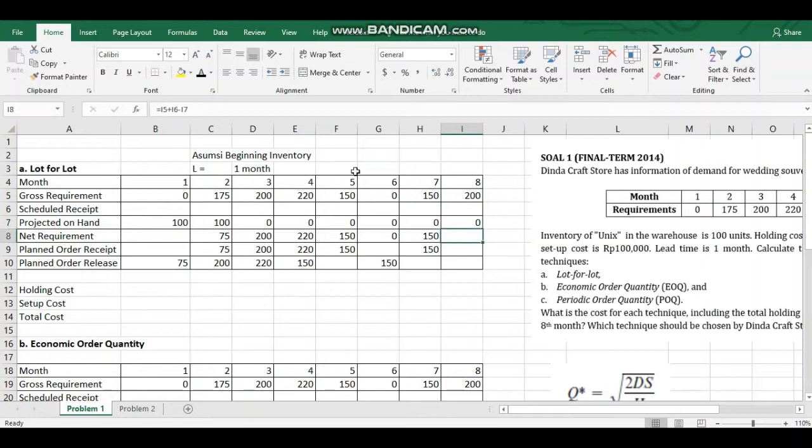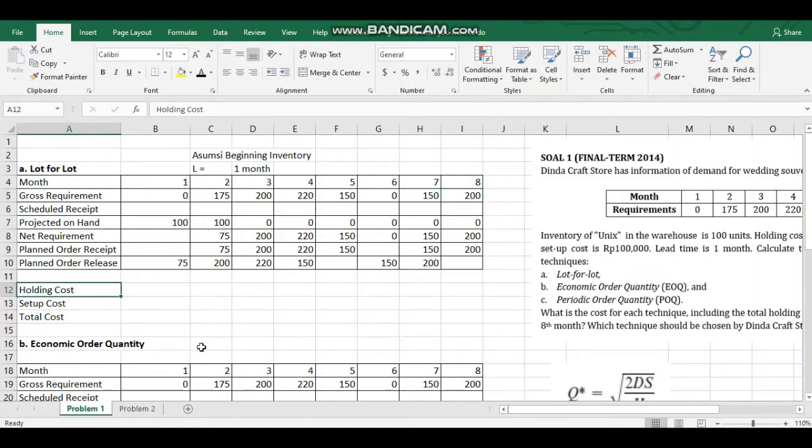And the last one for lot for lot is just the same, because we have no inventory while our requirement is 200 units. Since we have net requirement, we have to place the order 1 month before, and it will arrive here and be used to fulfill this requirement.